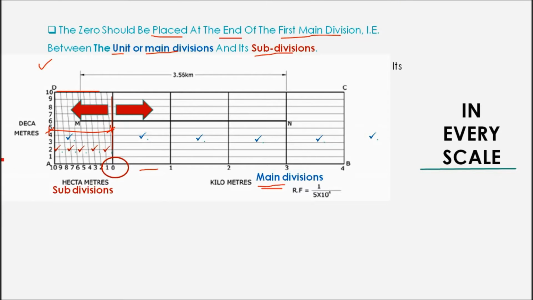Okay, this is all about the plane scale, and let's go to our diagonal scale. Similar to what was explained before, in a diagonal scale we can show accuracy of up to 2 digits. The main divisions are 1 here to here, here to here, here to here, here to here, and here to here. These marks indicate our main divisions, and the subdivisions are on the left part.